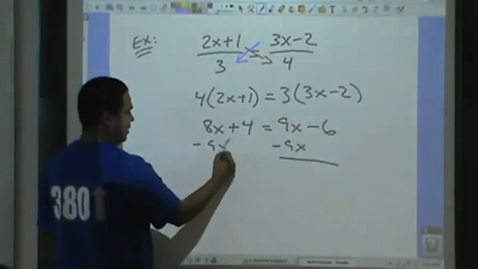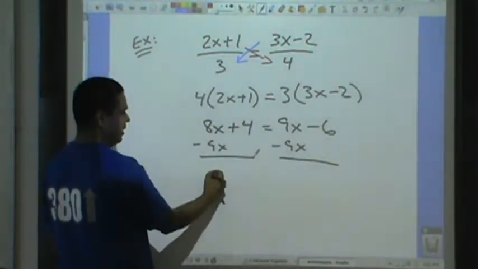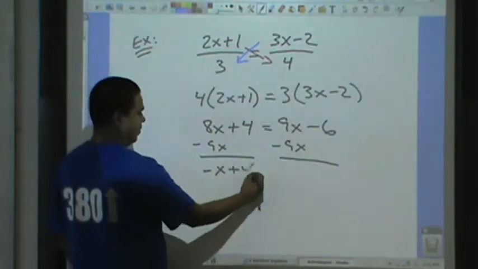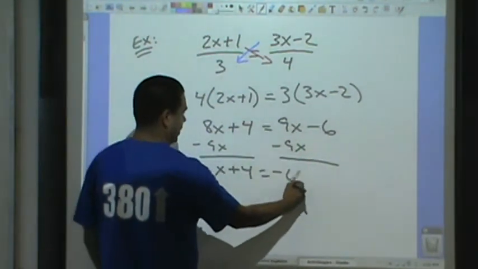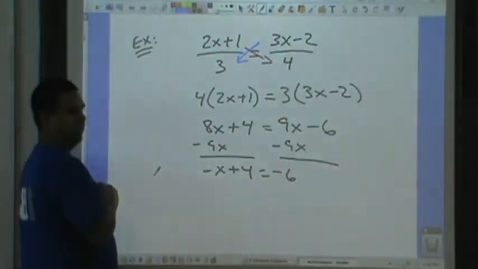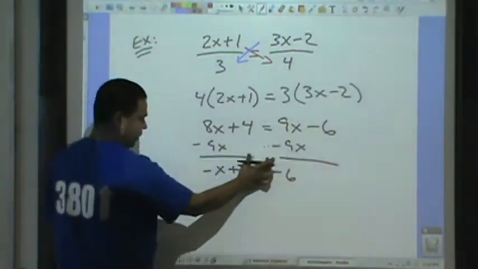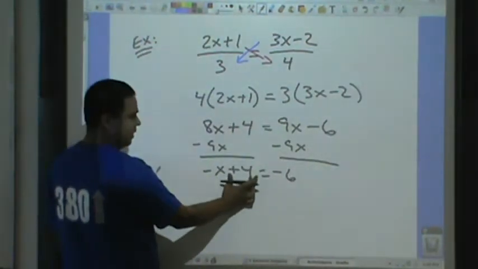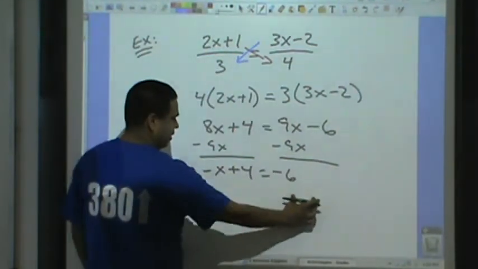8 minus 9, negative x. And then if we bring that variable to the left, we take that constant to the right.